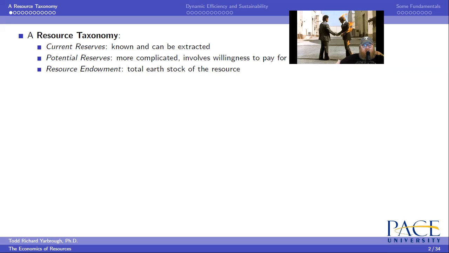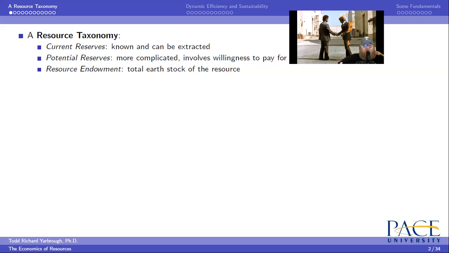Whereas current reserves is just a total amount, an additive aggregate number, potential reserves is going to be determined by a number of different indicators, and so is almost like a mathematical function which describes what we have in terms of potential reserves.